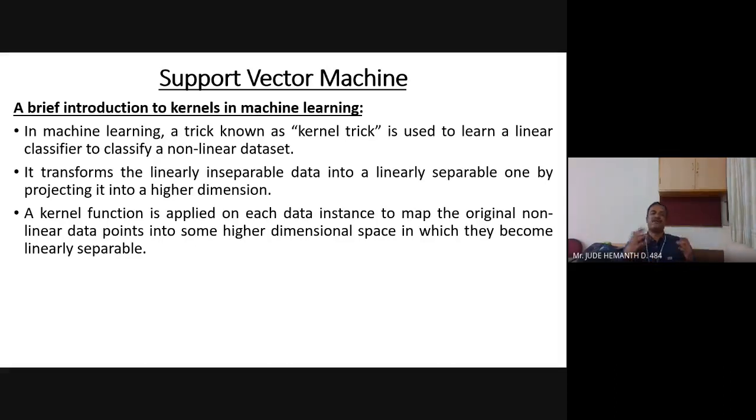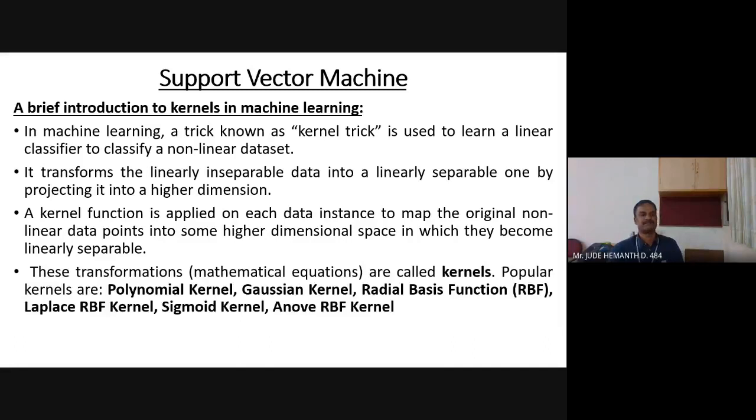So it will be like f of x, where x corresponds to each data point. When I substitute the original data for x, I will get f of x, something different, where I have a higher dimensional space.